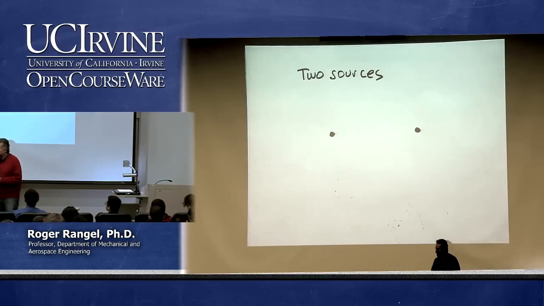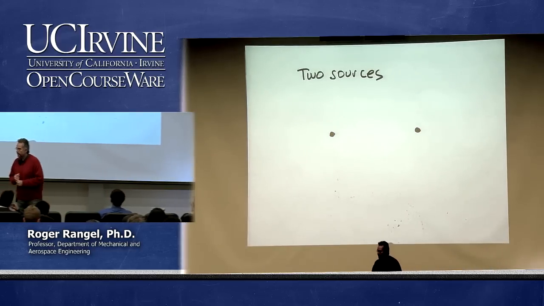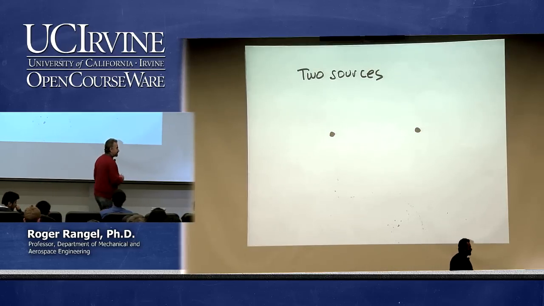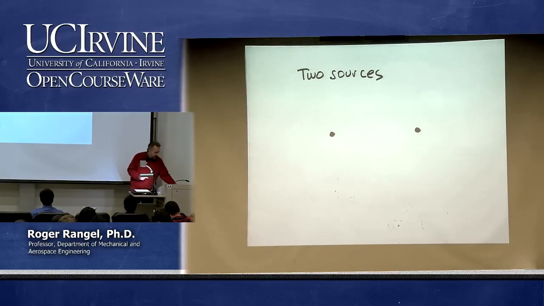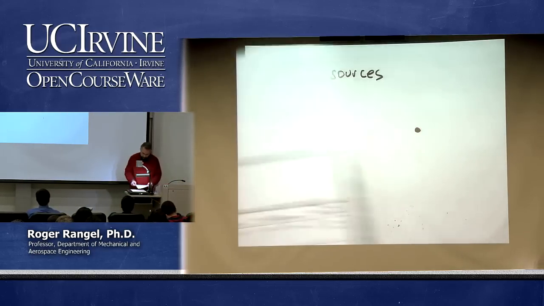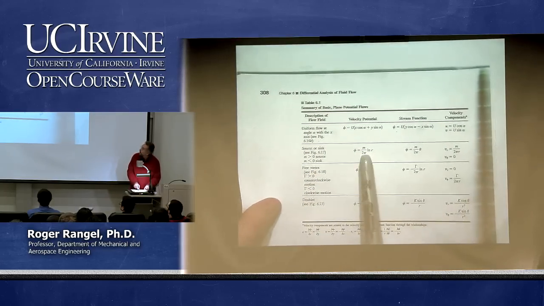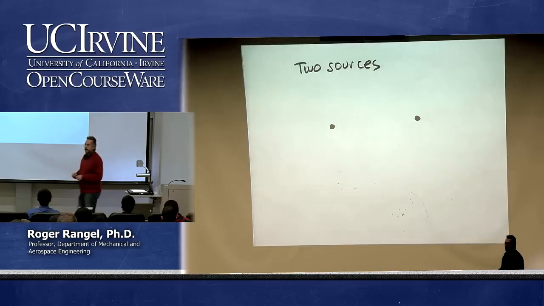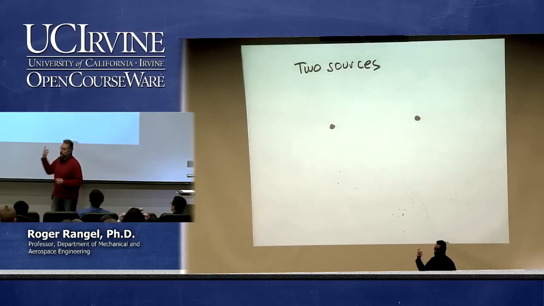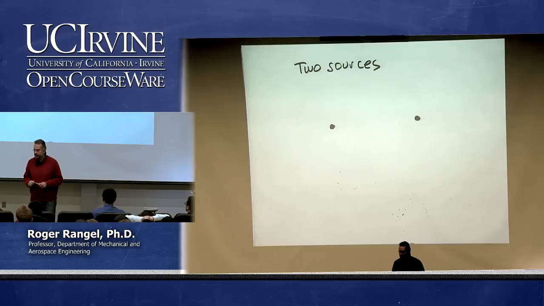First of all, can you say that there'll be a stagnation point somewhere? And the sources have the same strength, okay? So these sources, remember the strength of the source is defined by that M, right? So they have the same strength. Can you identify just from looking at that picture if there is a stagnation point? Where?